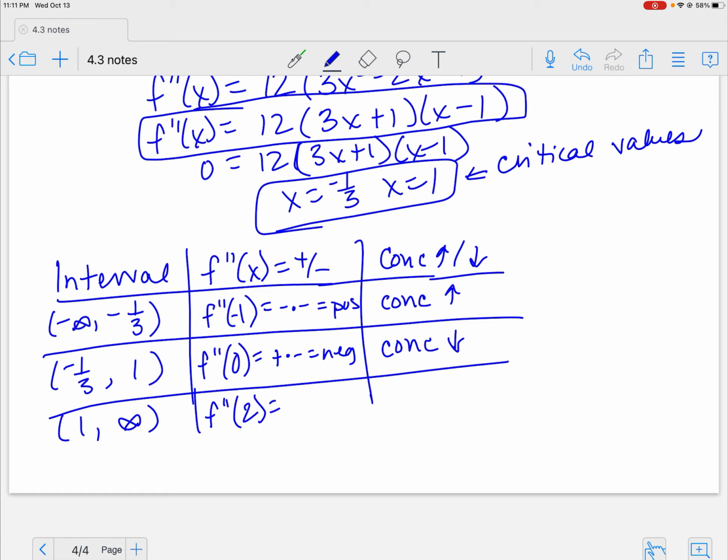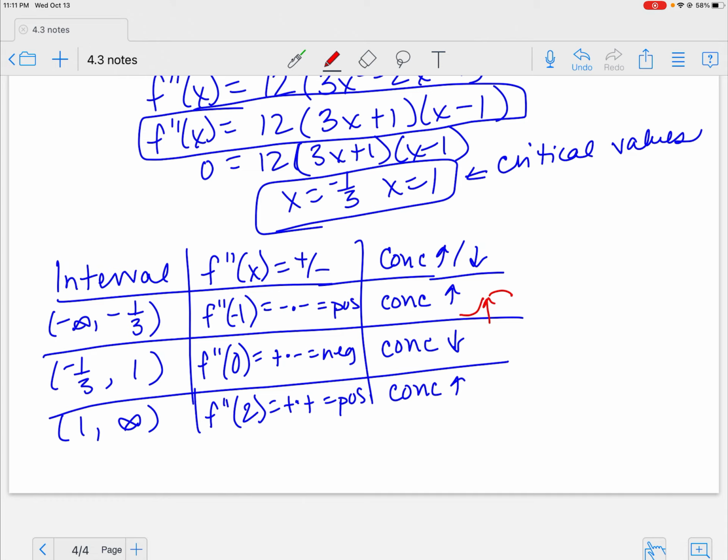What's a nice easy one there? 2 is what I'd go with. So plug in that 2. That's positive, and 2 is bigger than 1, so that's also positive. So positive times a positive is a positive, and I'm going to go with concave up. So this is showing me that I'm going from concave up to concave down.